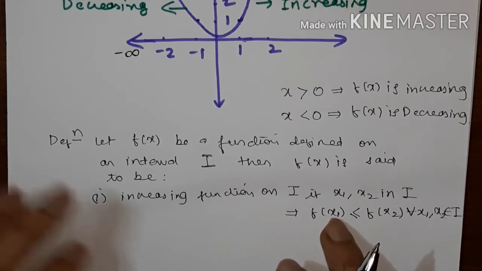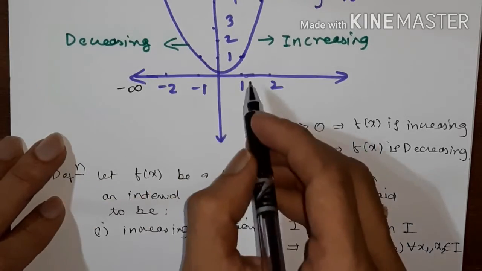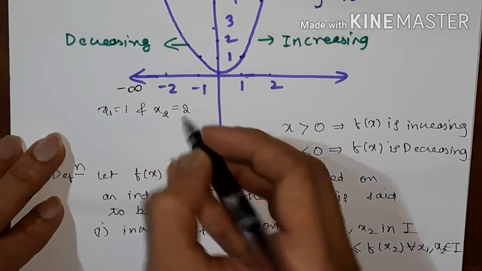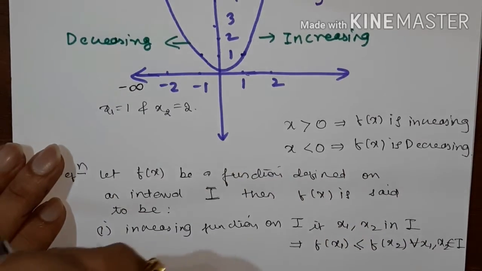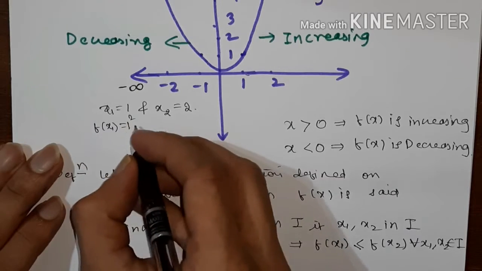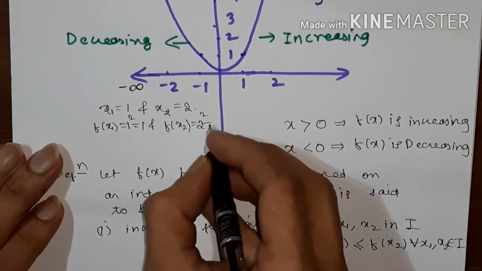Now suppose we look at the graph right here. Here you have x1 equal to 1 and x2 equal to 2. If you look at the function values at these points, f(x1) is nothing but 1 square, which is 1, and f(x2) is nothing but 2 square, which is 4.